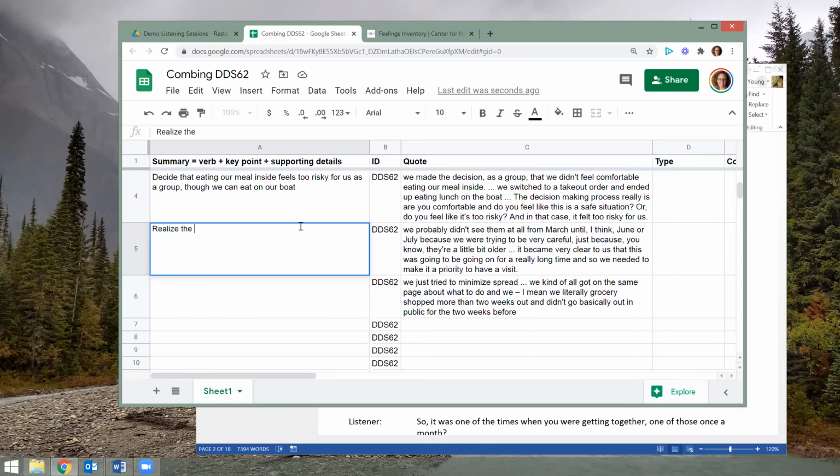The pandemic will go on for a really long time. Okay, wait a minute. That's going to be supporting detail. Realize we need to visit. Is it her parents? Is that what it said? Why didn't that get copied across?